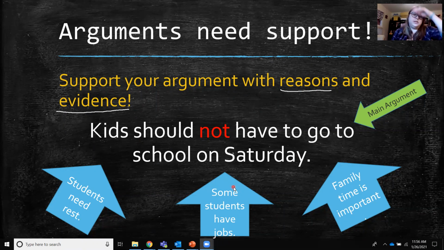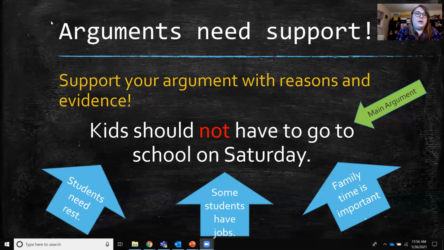If those are high school students working on the weekends, maybe that's the time that they work best. So we don't really want to take that away from them. And then my last reason to support this argument is that family time is important and that weekend time can be time to be spent with family. So when we create our main arguments here, we want to make sure that we can really support those ideas. And we're going to look at how we do that on our next slide.